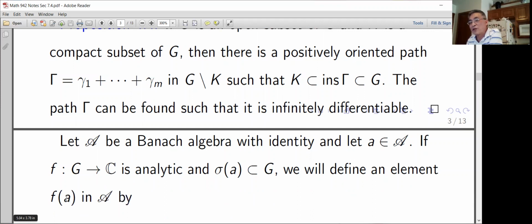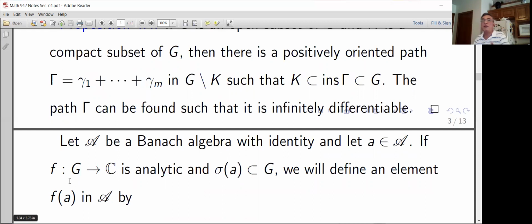So f is an analytic function from G to C. The variable for f is z, a complex number in G. Now we have a value f of z. But now we want to define f of A. So this is a new notion.